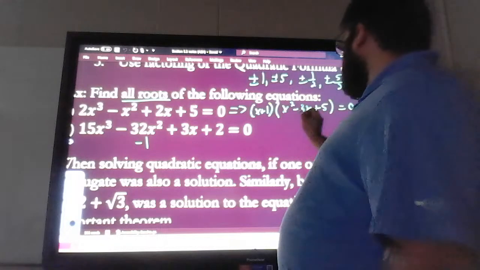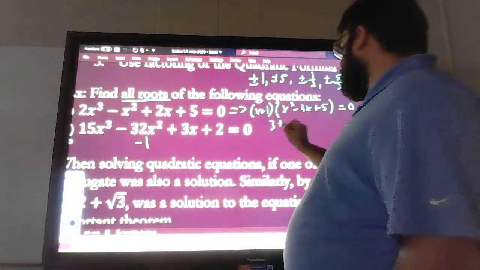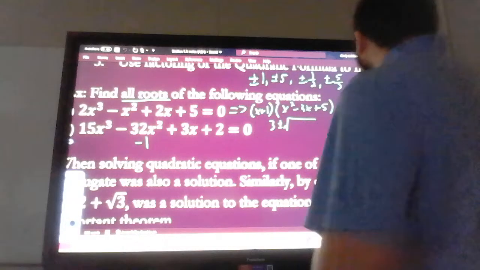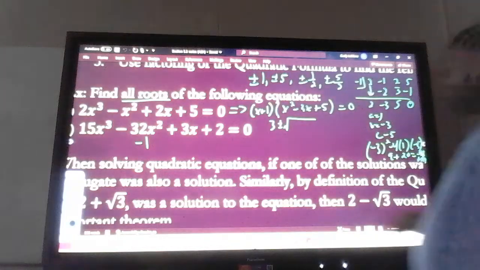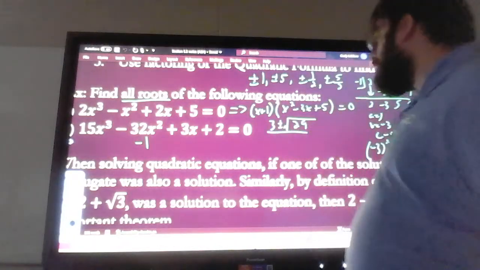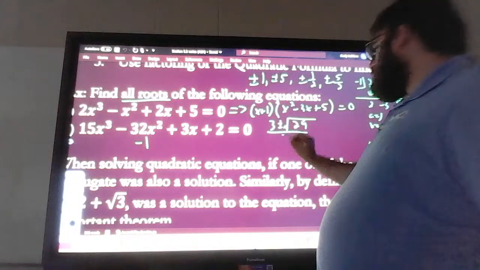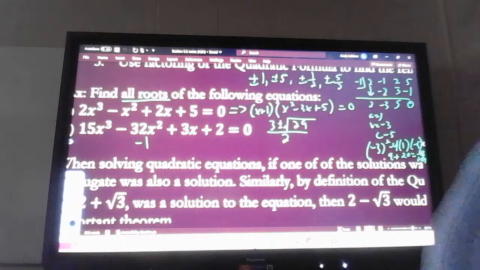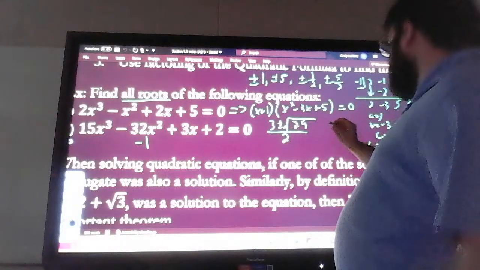So negative b, so that's positive 3, plus or minus the square root of b squared minus 4ac, 9 plus 20, that's 29. 29 is a prime number, so I'm not going to be able to reduce that fraction here. And 2a. So those are my solutions here. Those are my roots.